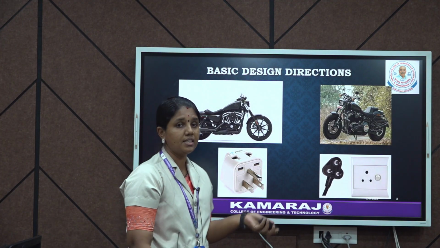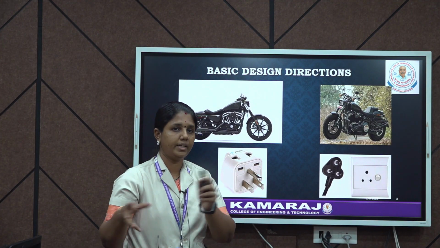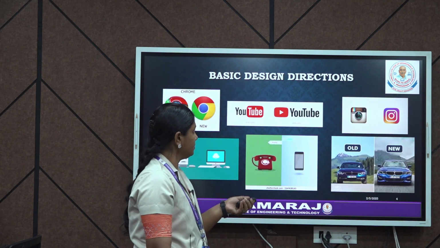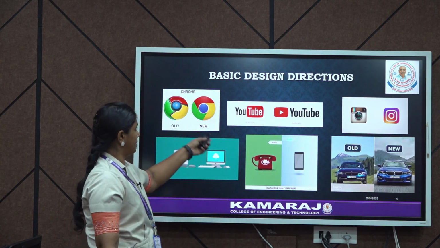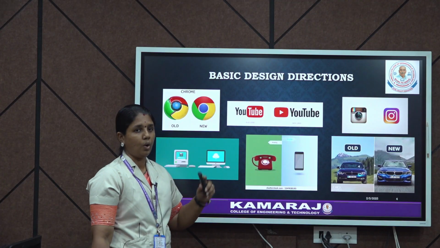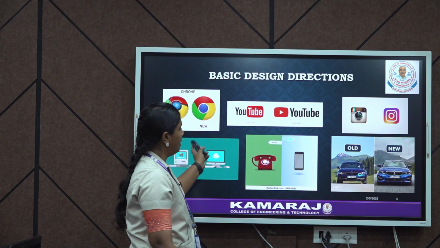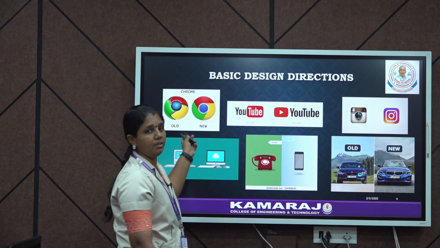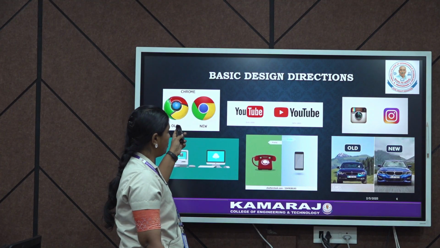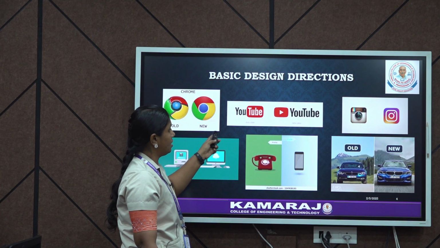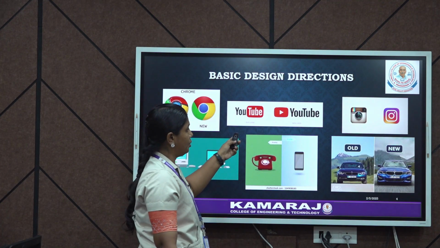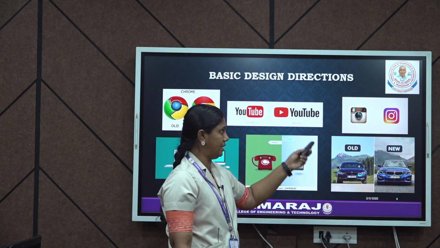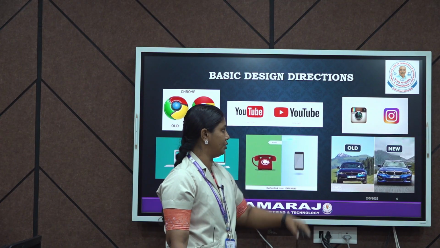These are the basic design directions. We already have invented products, and we have transformed, converged or diverged them to different aspects. For example, Chrome, the older symbol is this, and the new symbol is this. And for YouTube, this one is an older logo and this one is a new logo. And for Instagram, it's an older one and it's a new one.